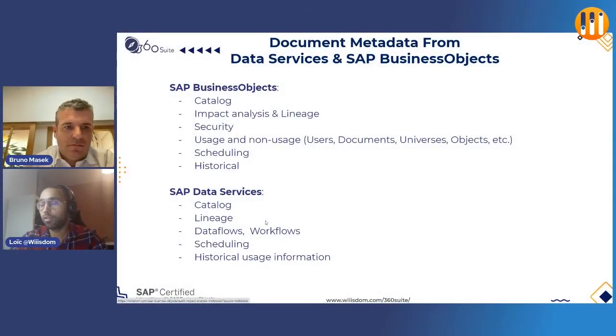We grab everything into that database. Basically, this is a data mart with your BOBJ metadata, and you have a data mart for your data services metadata. Then you can query those databases with your own BI solution, whatever you want, or you can use the power of Webi and use our universes to display the information you need.